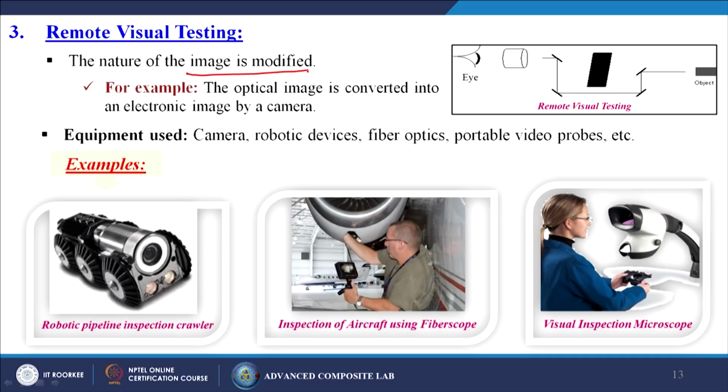Then we use techniques such as zooming that particular zone, and from the zoomed figure we get information about the material. Or we may have very complex shapes where we cannot see the problem directly, so we place a camera there, or use video photography, by which we get the image and can understand what the problem is. The equipment generally used is cameras, robotic devices, fiber optics and portable video probes. These are all examples where we use remote visual testing.